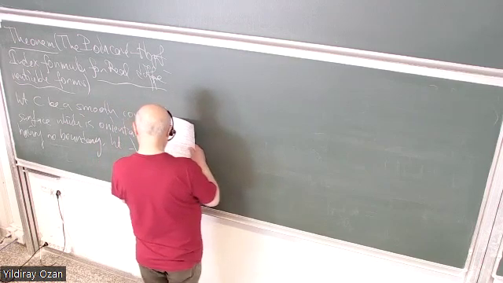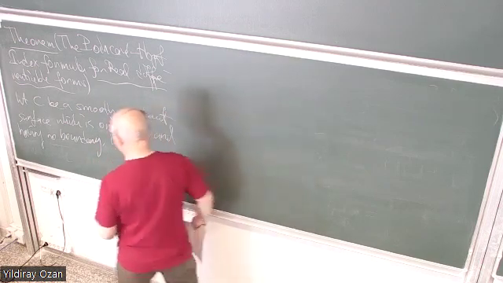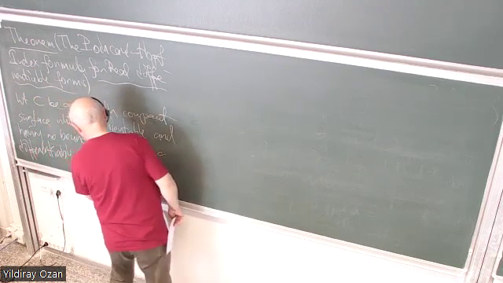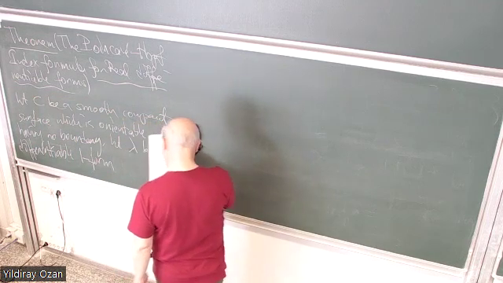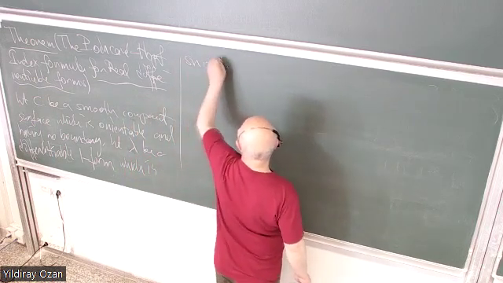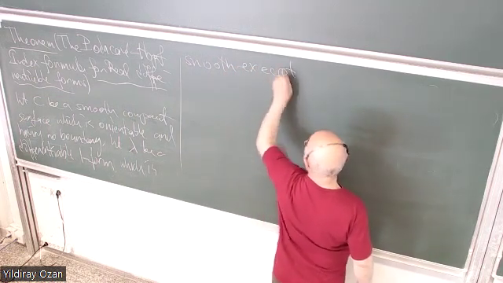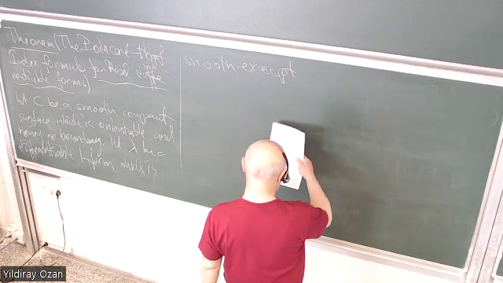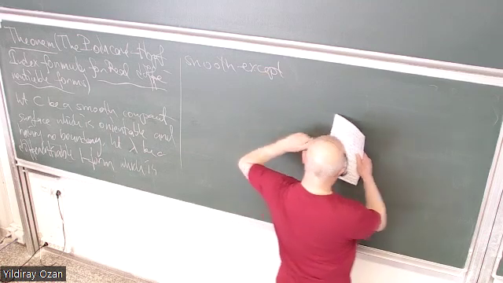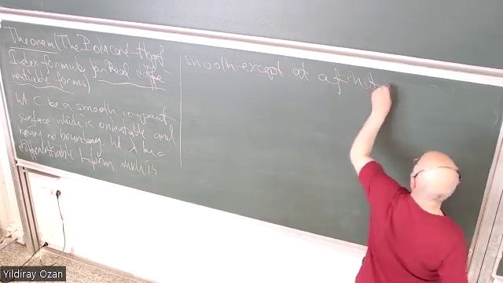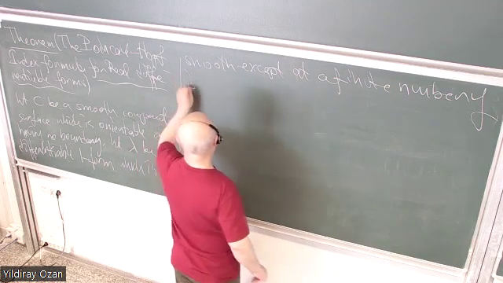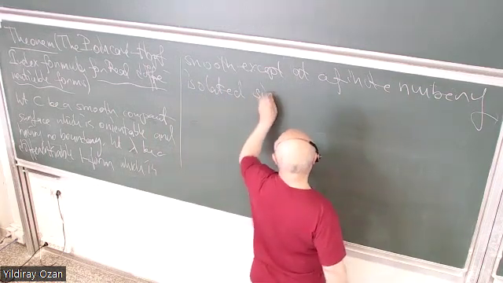Let lambda be a differentiable one form, which is smooth except at a finite number of isolated singularities.